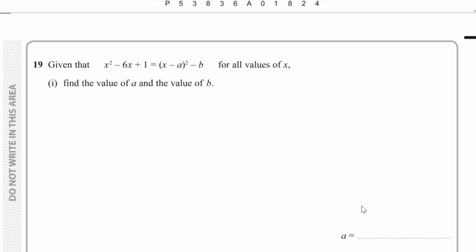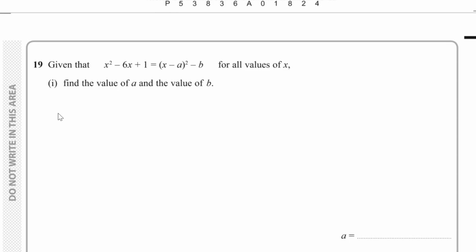Question 19. Given that x squared minus 6x plus 1 can be written in the form x minus a all squared minus b for all values of x, we have to find the value of a and the value of b. Well, this form suggests to us that we have to complete the square.